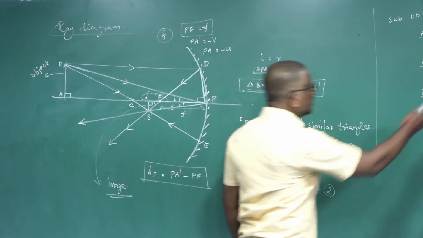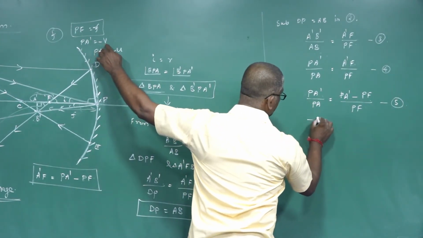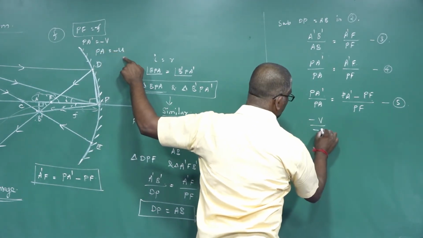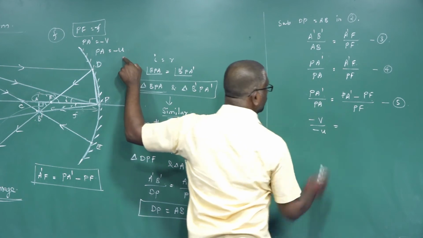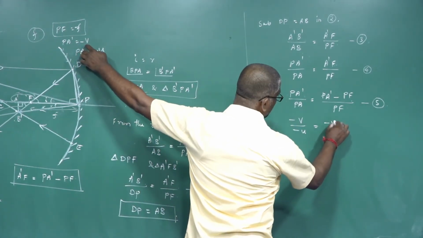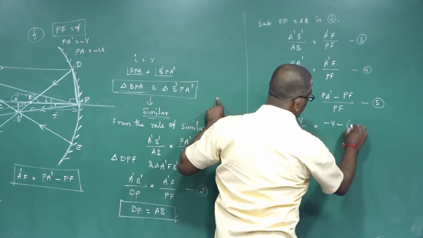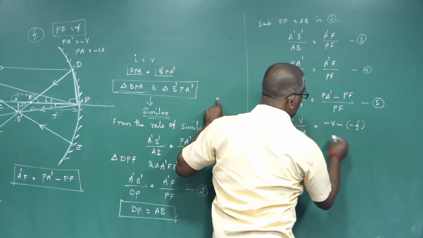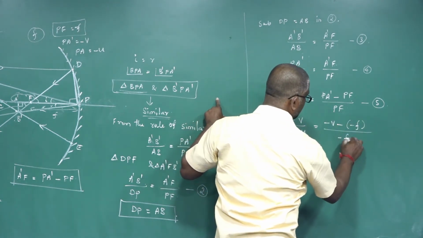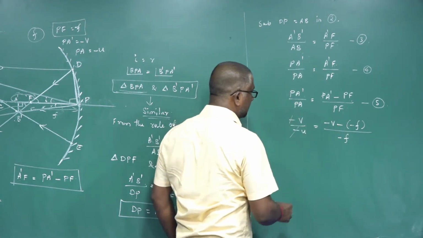Substitute the PF value, PA dash value and PA value in equation number 5. Equation number 5 becomes PA dash, which is minus v, divided by PA, which is minus u, is equal to PA dash minus PF, that is minus v minus minus f, divided by PF, which is minus f. Here minus gets cancelled.